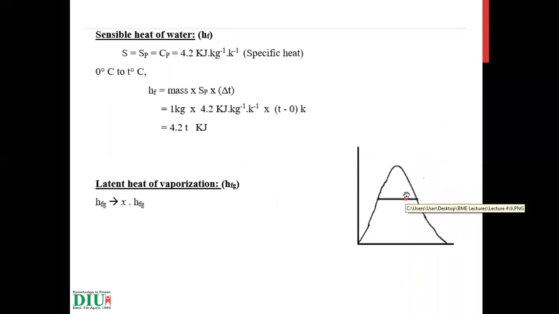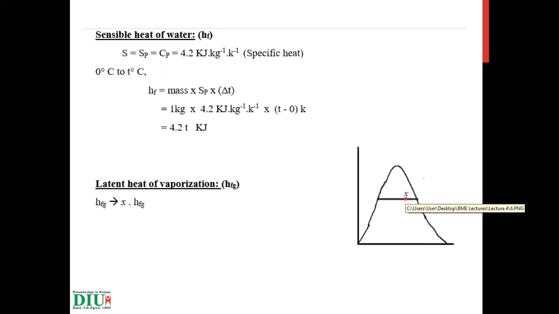Let's go now. We will give a mathematical expression of sensible heat. There are two types of heat we discussed already: sensible heat and latent heat. We will give the mathematical expression of those two heats.